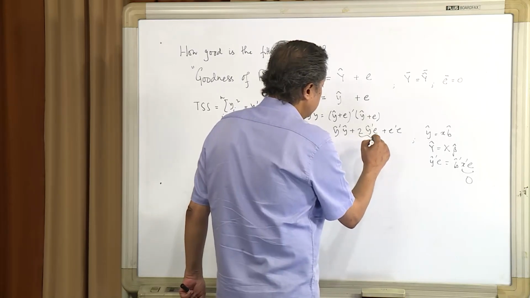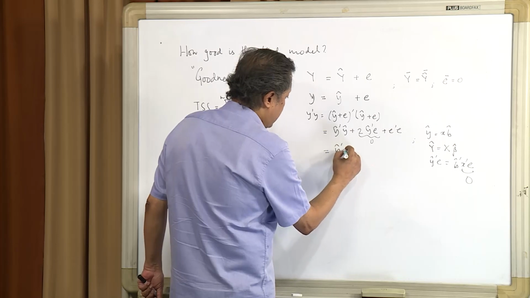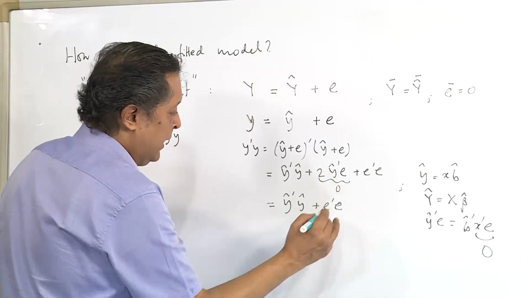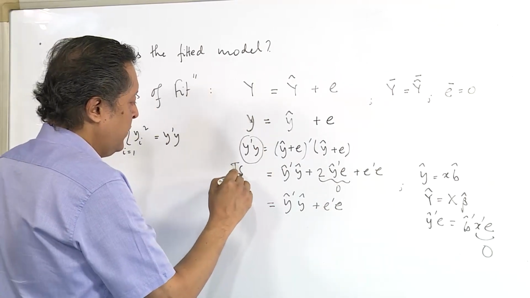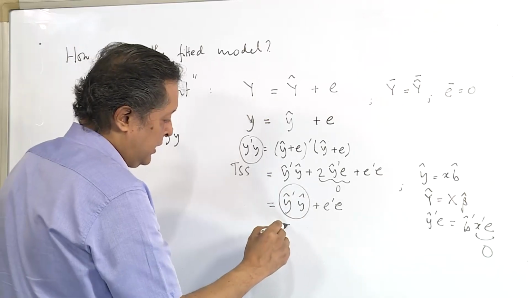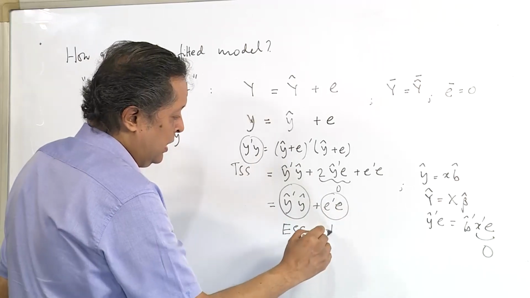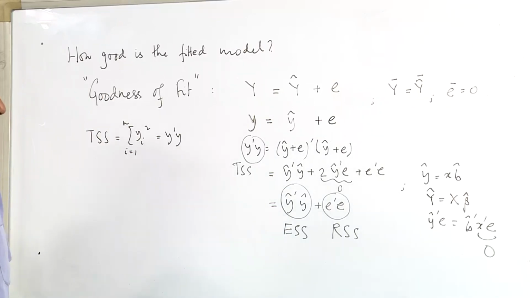So this term becomes equal to 0, and we have y hat'y hat + e'e, which is written as total sum of squares is equal to explained sum of squares plus residual sum of squares.